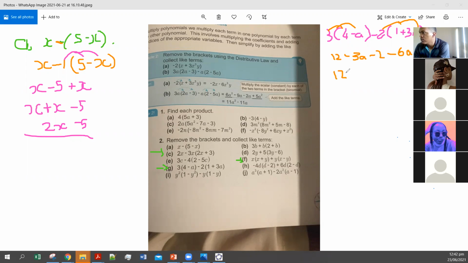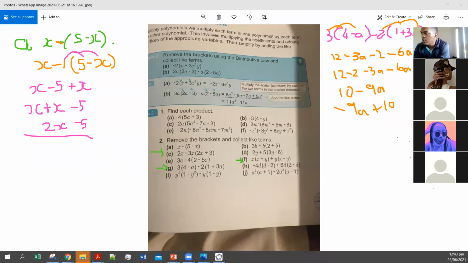I have 12 minus 2 minus 3a minus 6a. I just brought the minus 2 first, and then that one. This will give me 10 minus 9a. Okay, minus 3a minus 6a is minus 9a. And that is what the textbook should also have. Another version of this would be minus 9a plus 10. If you put the 10 on the other side, that is that one.